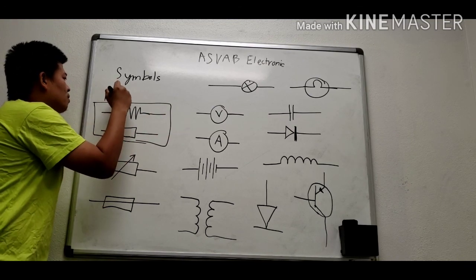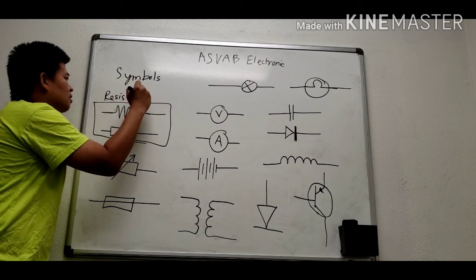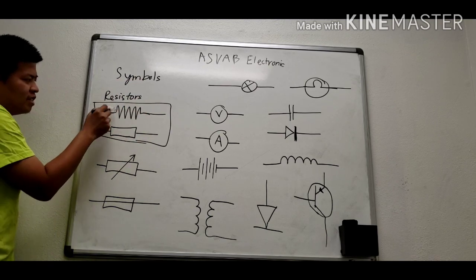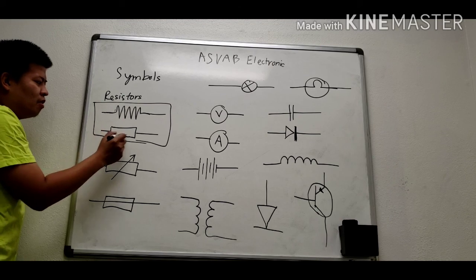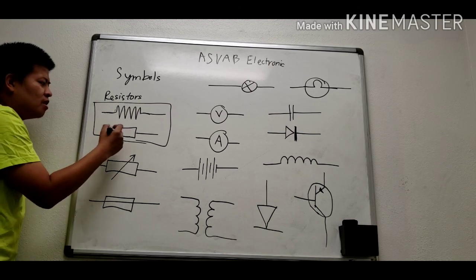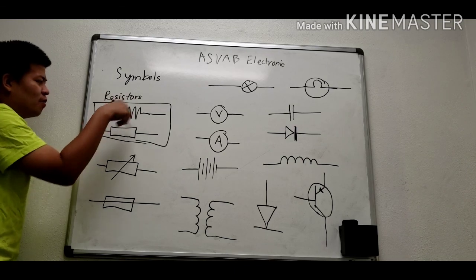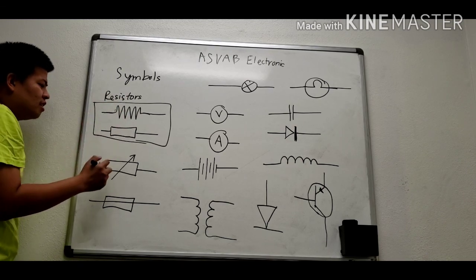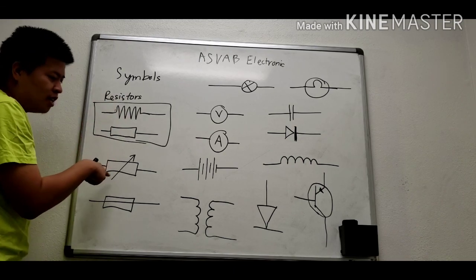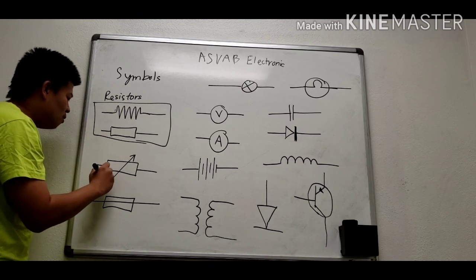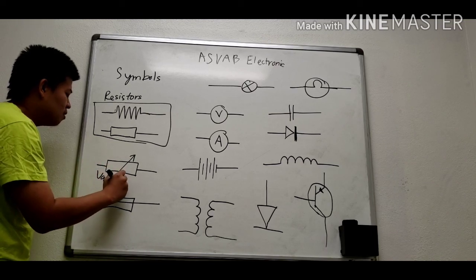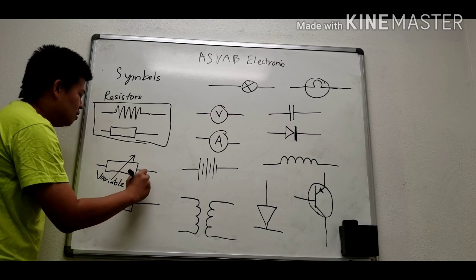The resistor looks like a long rectangle, or a wavelength line. We call it the resistor. The next one is the variable resistor.